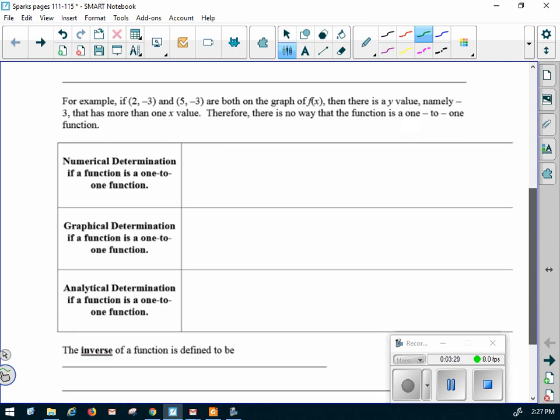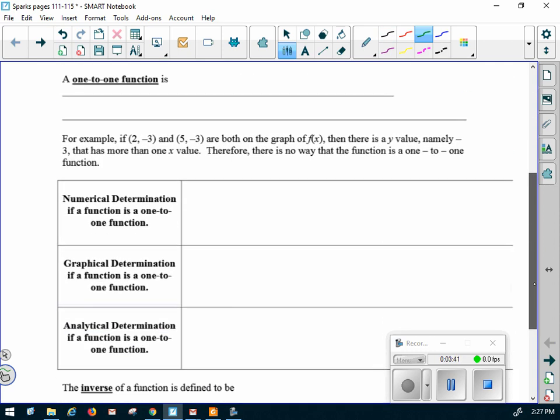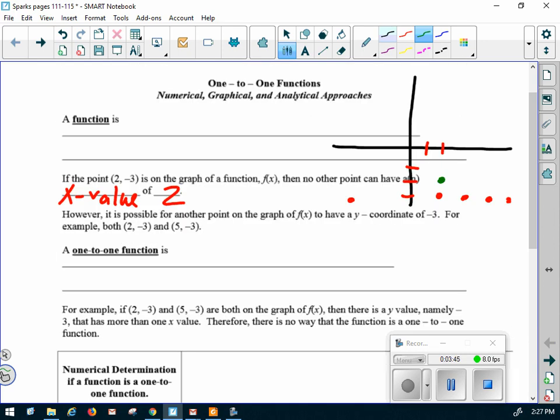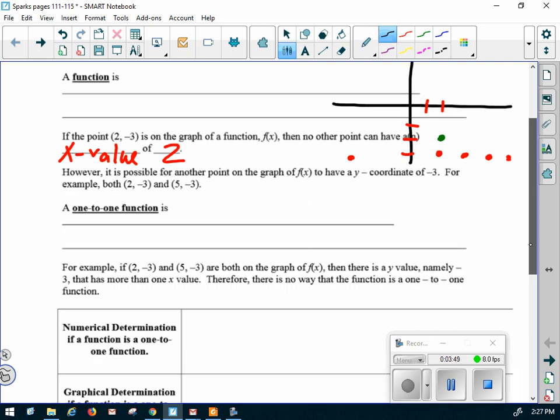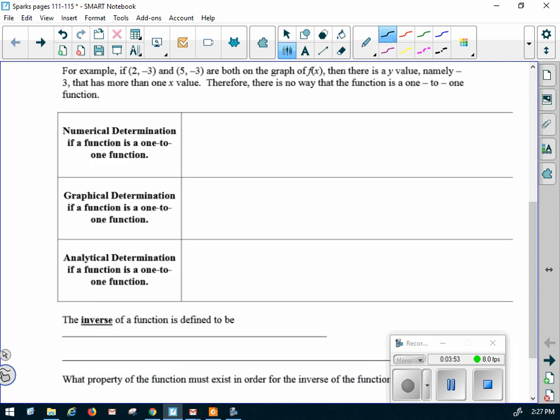So let's see what this says. For example, if I plot 2, -3 and 5, -3, and those are both on the graph of f of x, there is a y value, namely -3, that has more than one x value.